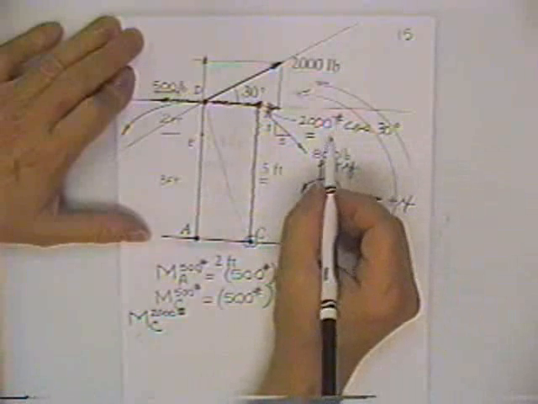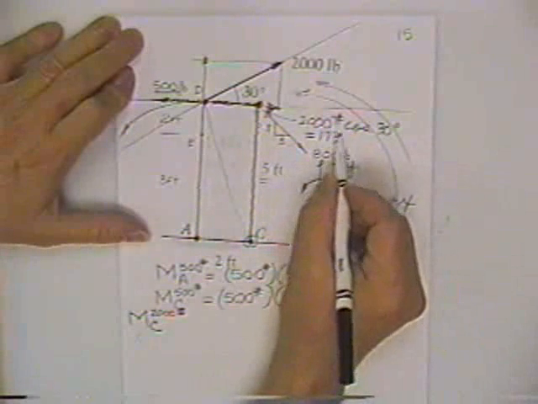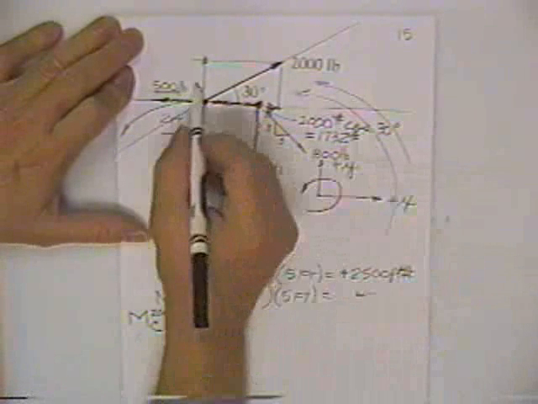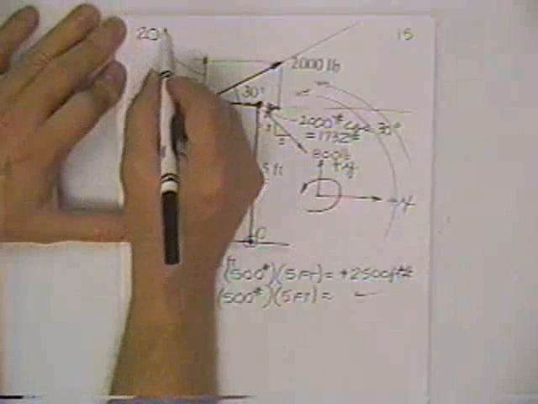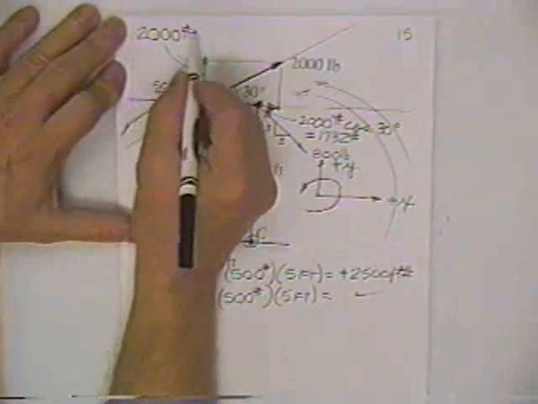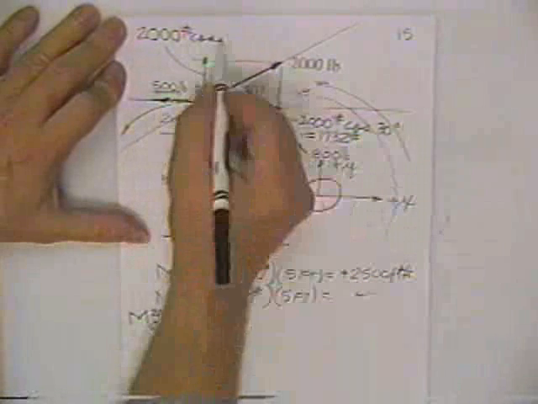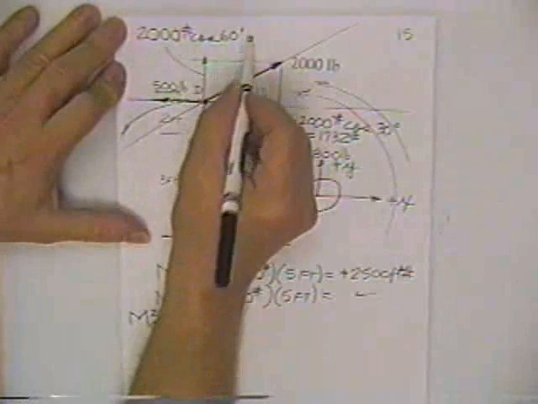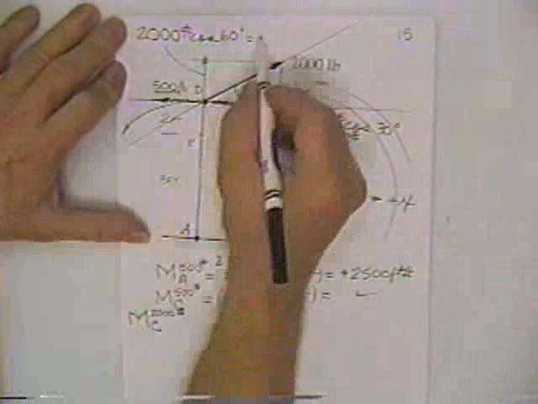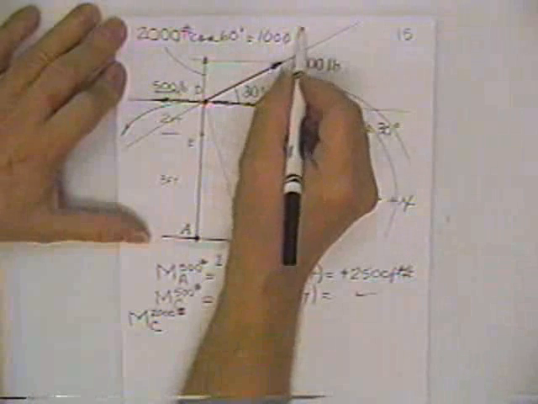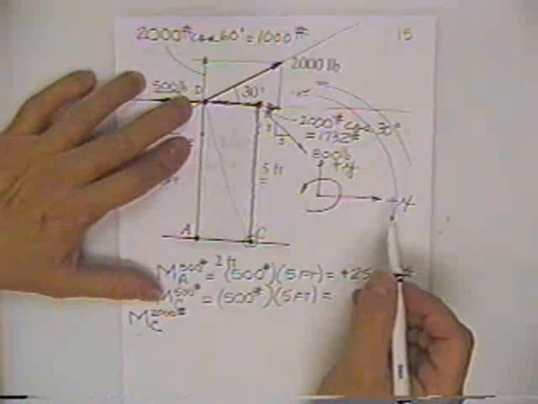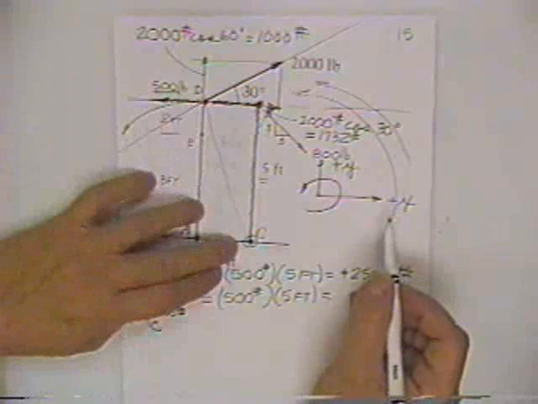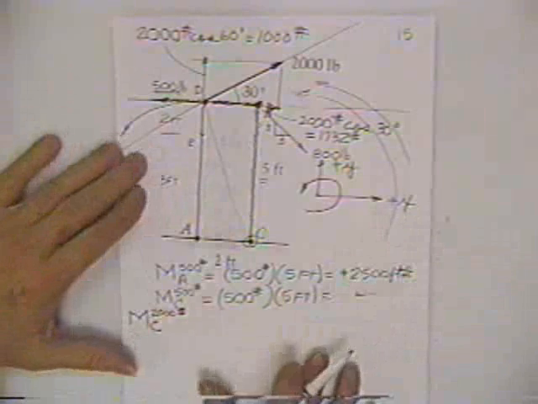How much is that? 1732. 1732. And this vertical force is 2,000 pounds times the cosine of 60 degrees. 1,000 pounds.